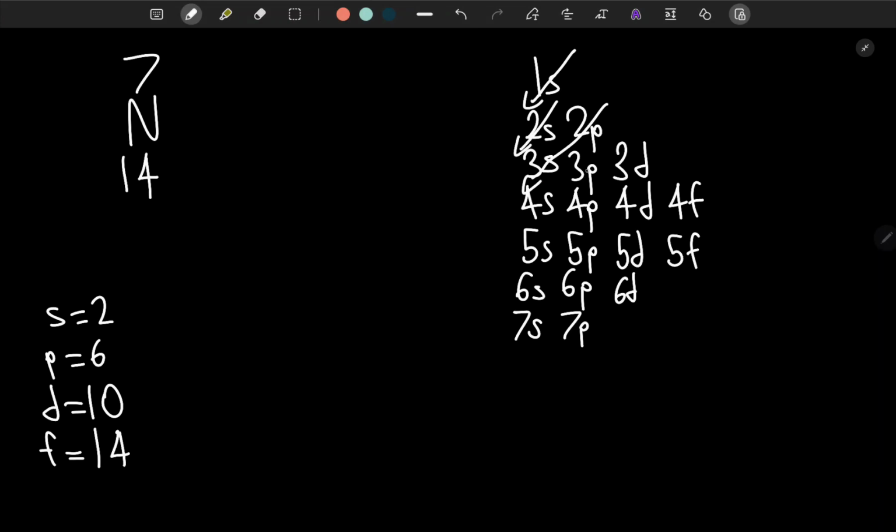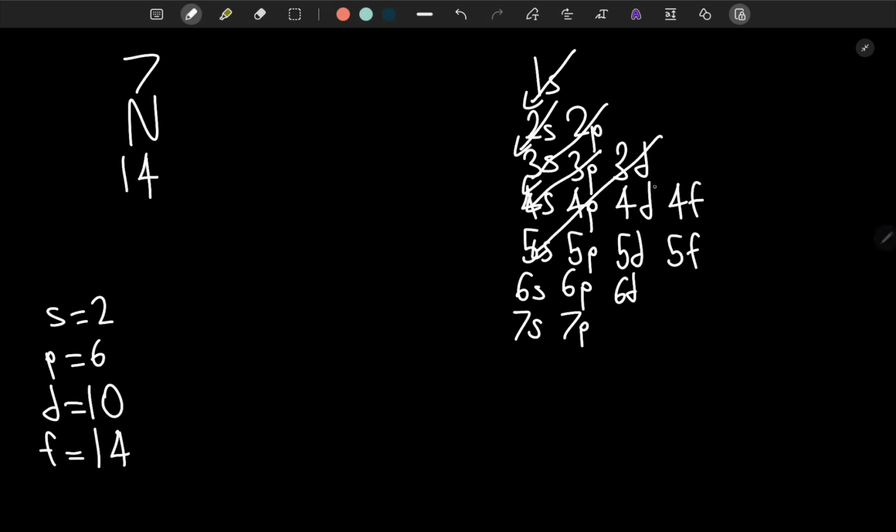The next is 3p and 4s, then 3d, 4p, and 5s. Normally you don't need to go this far down, because the number of electrons is way less. So normally you just stop over here.